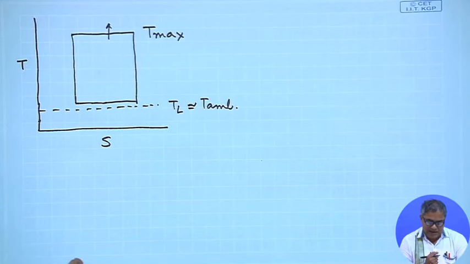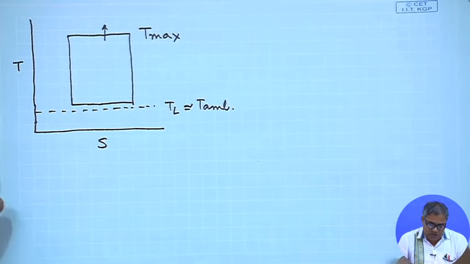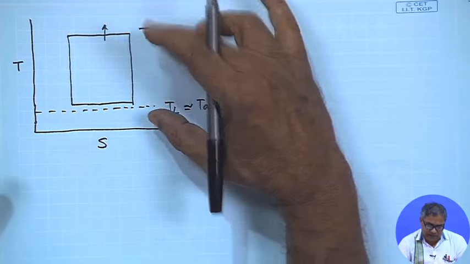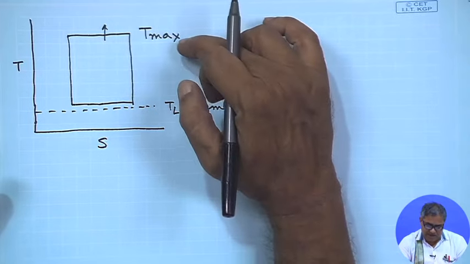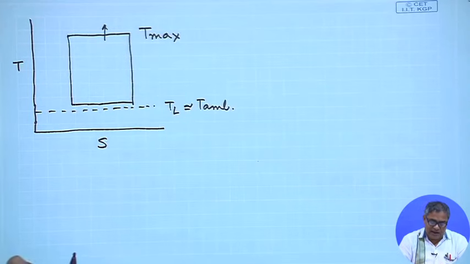Now, in many cases there are sources where T max could be high, but the problem is in practical cycle we have to have some sort of a working fluid, some sort of a working principle. So, for a very large temperature difference, T max is very large, T L is low, with a single cycle we cannot have efficient conversion of thermal energy.